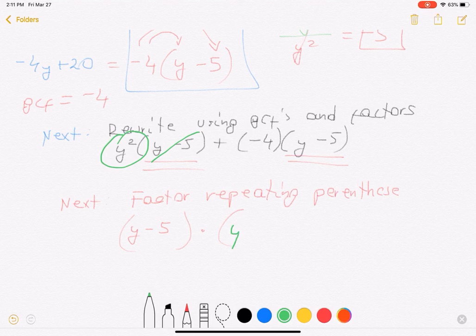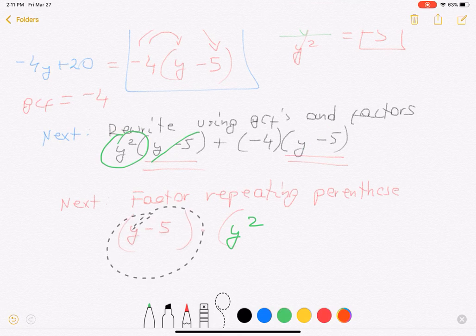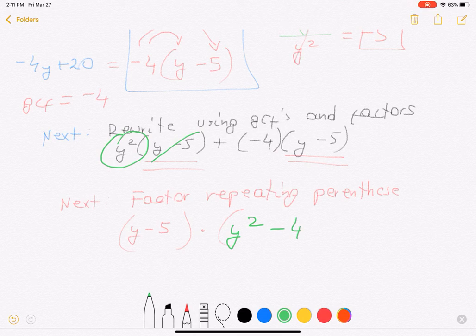So you will end up with y squared. The same thing here, y minus 5 I already factored, so the leftover, which is negative 4, will go inside of the parenthesis. Okay, and that's it. We factor completely. This is the solution.